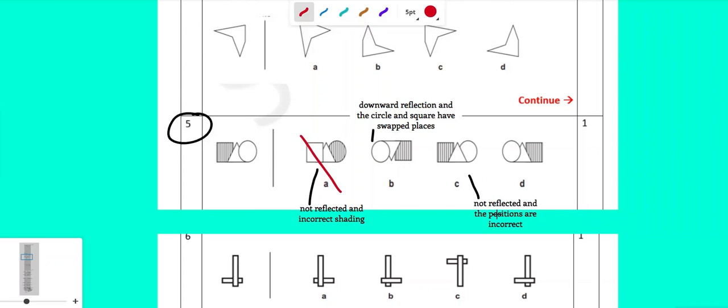Option C is not reflected and the positions are incorrect as well, as if we give a closer look here, the triangle is behind the circle as mentioned earlier, and here the triangle is in front of the circle. So therefore B and C are not the answer that we are looking for, making D our correct answer.